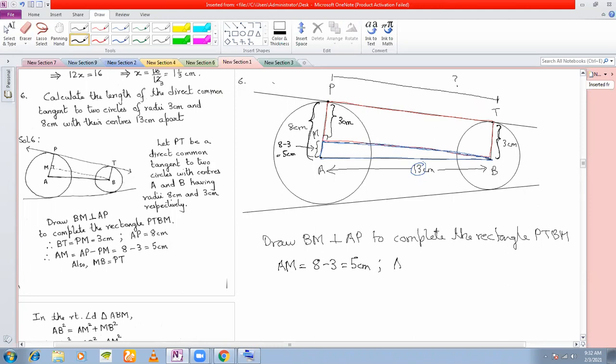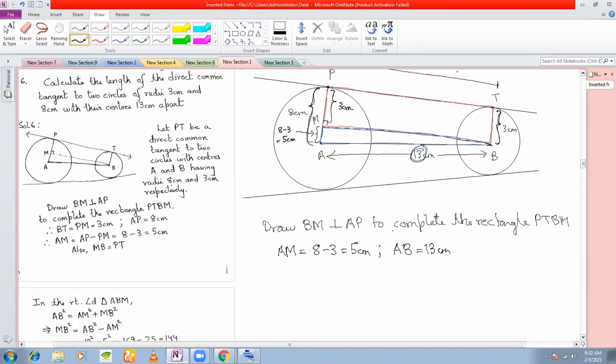And AB is equal to 13 centimeters. So we have got the hypotenuse of this right angle triangle and we have got the base. That means now we can find out the length of the perpendicular, that is BM, from Pythagoras theorem. So we apply Pythagoras theorem in this right angle triangle ABM.